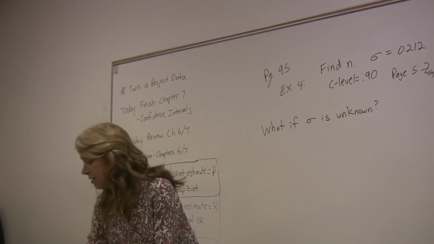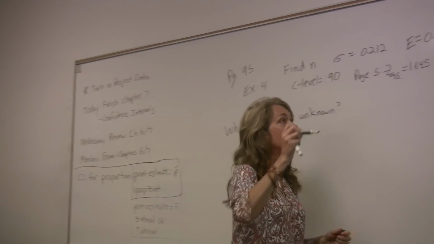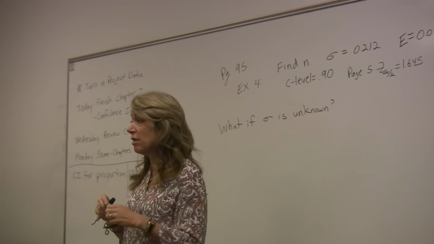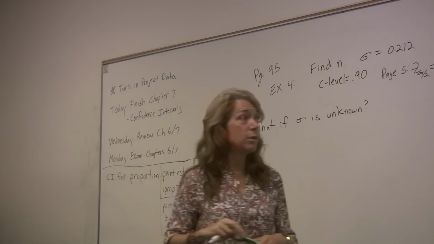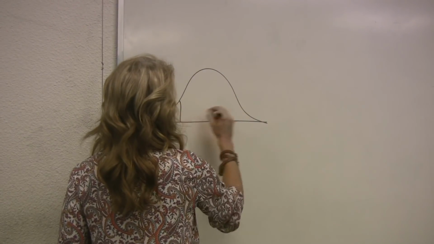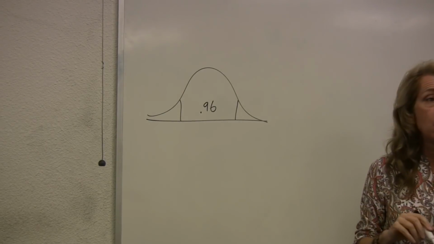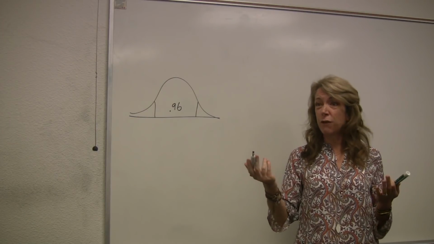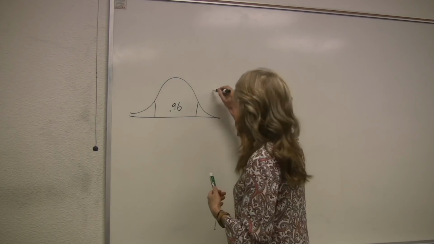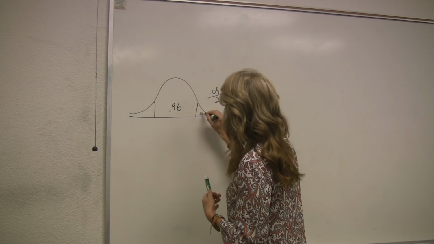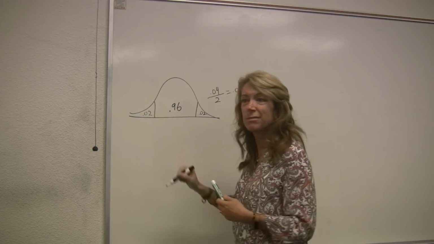The critical value, will it ever not be 90, 95, or 99? Yes. That's when you have to draw the picture and do inverse norm, like we were doing last time. Let me give you a quick reminder. Say it's 96%, for example. If they were doing a 96% confidence interval, what's the area outside if you have 96 inside? It'd be 0.04, right? We just minus that. And that 0.04 gets divided by 2. I'd have 2% here and 2% there.